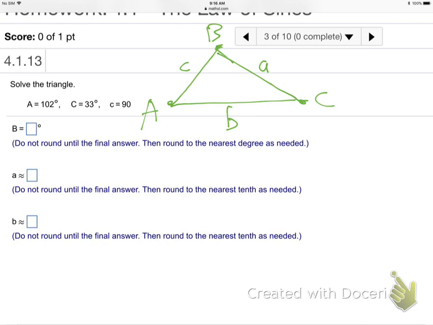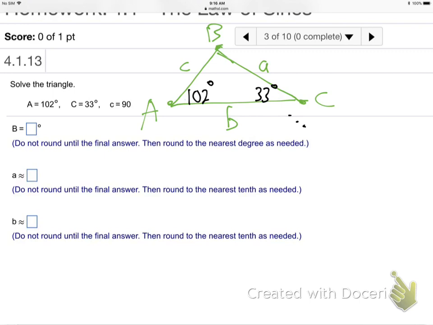So now, they tell me capital A is 102, capital C is 33. So can you find capital B and then little a? Give you a second there. Once you've got the picture, it's the same as the last problem.